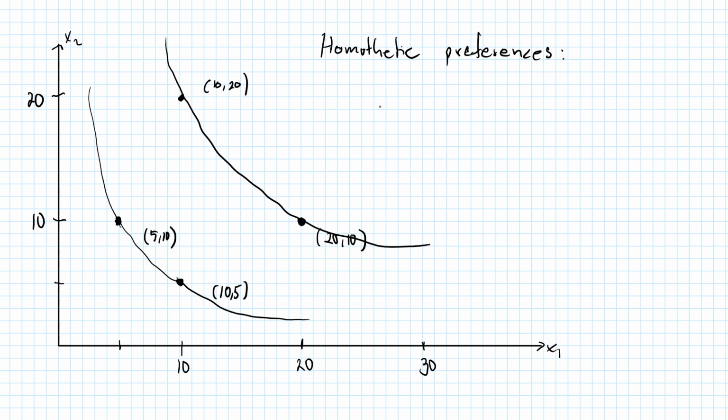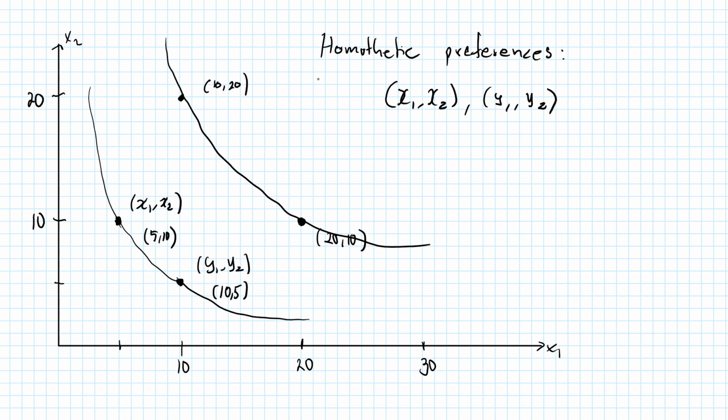So instead, to make this general, our first bundle will be denoted by x1, x2, completely arbitrary. It could be, for example, this one. My second bundle is denoted by y1, y2, and that could be this one.